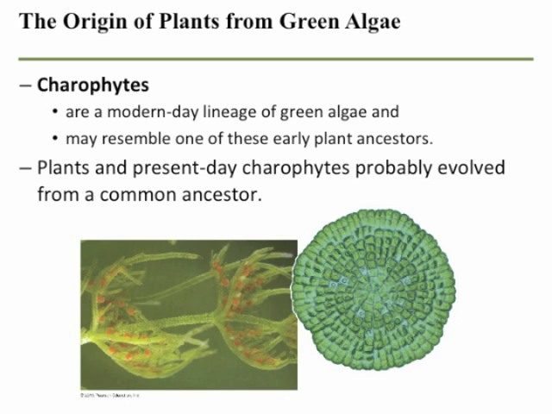They have these stems, they have these nodes around it, and they're a lot more solid than some of the other land plants. They have some reproductive tissue that's a little bit different, and they actually have a lot of similar things. So we think plants and present-day charophytes evolved from a common ancestor, and that common ancestor probably looked more like this than it does like a moss or a fern or something like that. So charophytes are the most closely related thing to land plants.